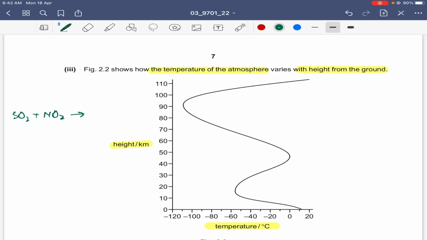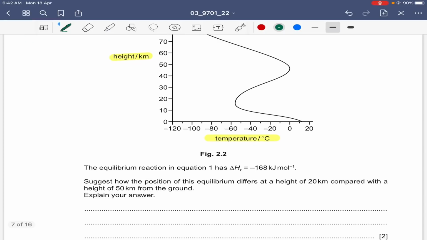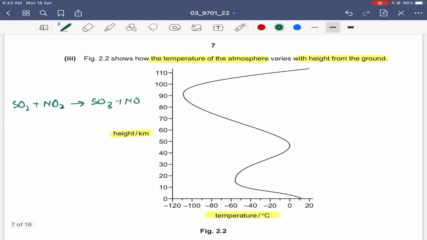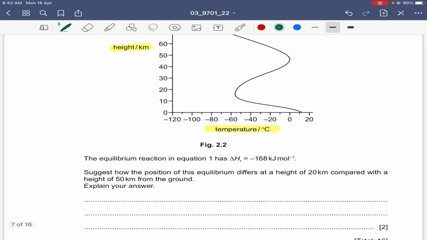This gives SO3 plus nitrogen monoxide. So this has a delta H of minus 168, right? So that means minus 168. All right. Suggest how the position of this equilibrium differs.